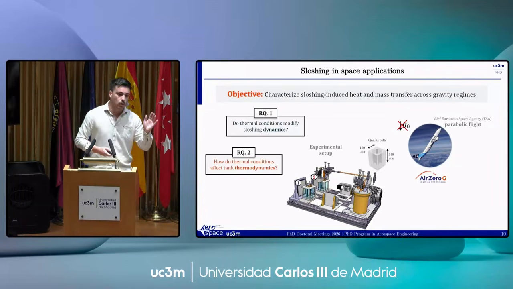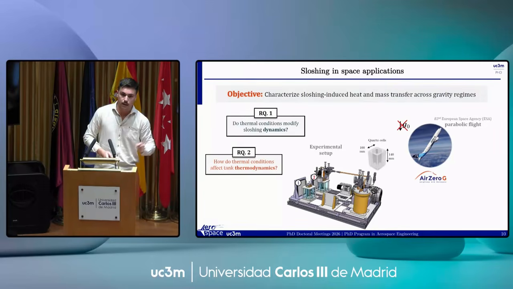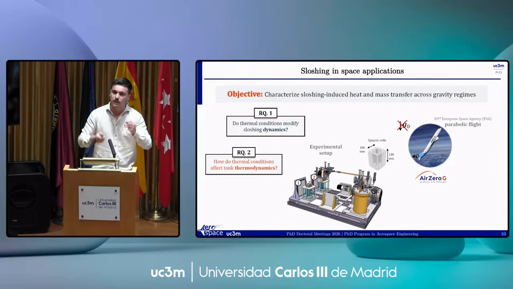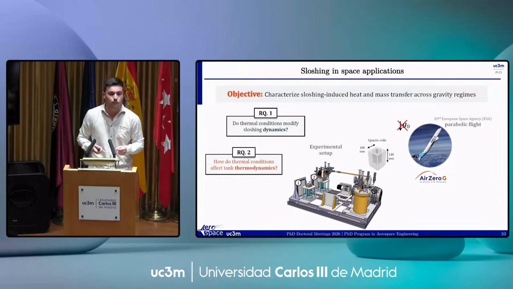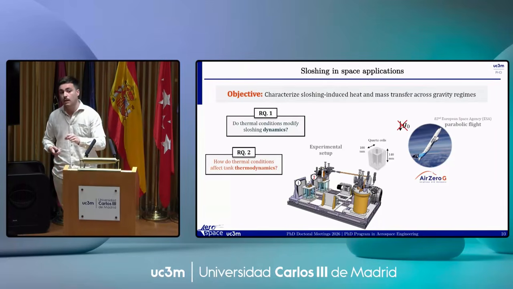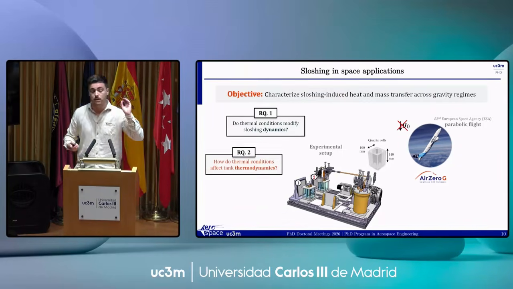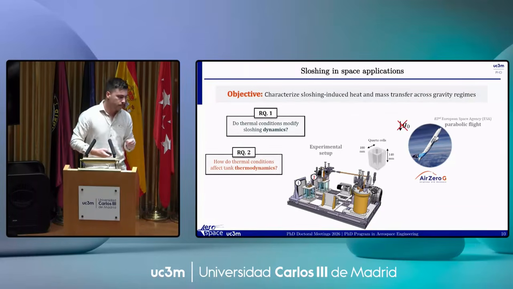So that's why we carried on board two small-scale tanks, one isothermal, no thermal gradients, and the other non-isothermal, such that we could see if this thermal conditioning of the tank and thus of the vapor and the liquid would have an impact in the dynamics. And lastly, we wanted to see, thermodynamically wise, how our pressure would evolve, as this was the first time a parabolic flight was used for this.